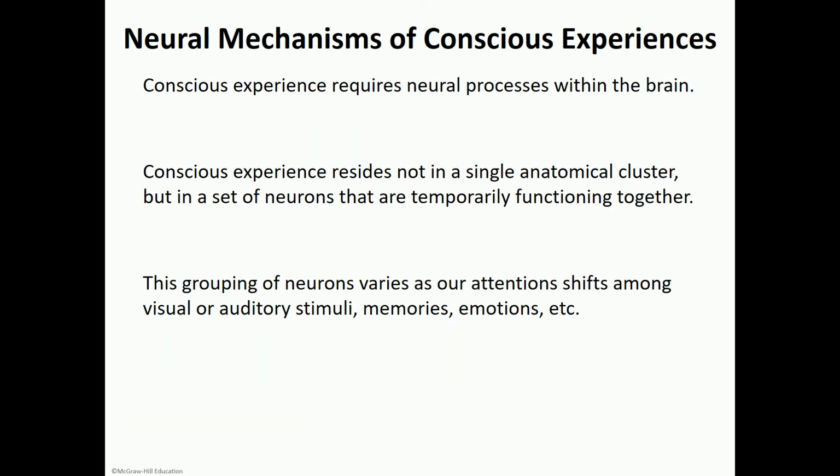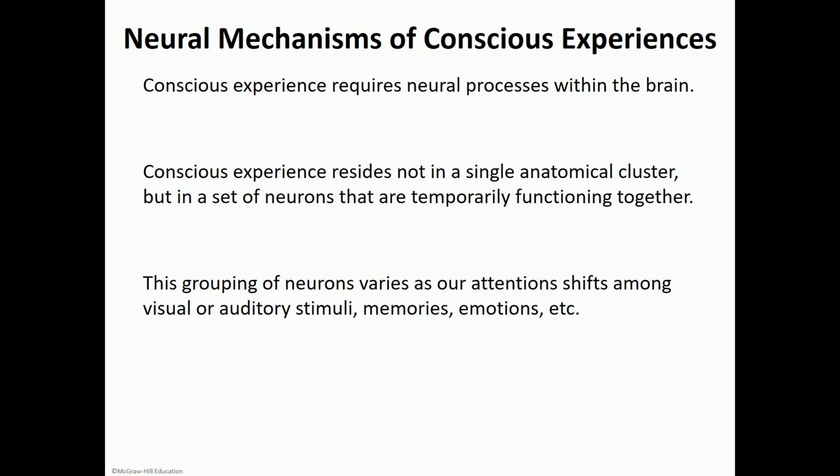Now, what are the neural mechanisms of conscious experience? Conscious experience needs a lot of nerve processing within the brain. Obviously, the receptors have to pick up the stimuli. These receptors have to reach the cerebral cortex in order for us to experience it. But there has to be integration between the association areas, if you guys remember that, where they temporarily work together in order to give you a full experience.